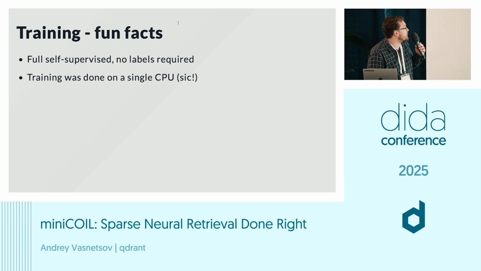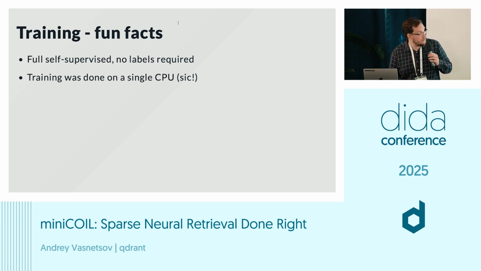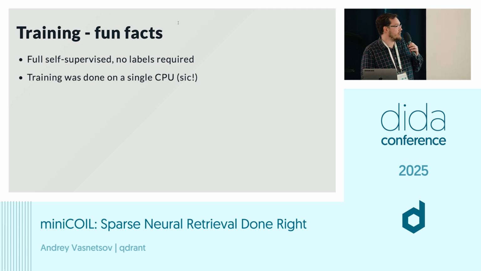And a fun fact about our training: as I said, it's fully self-supervised, no labels required, and it's actually done on a single CPU. And this is correct, it's not GPU, it's CPU. It only needs to be done like 25,000 times, but it scales really well. You can train it on your laptop if you want.